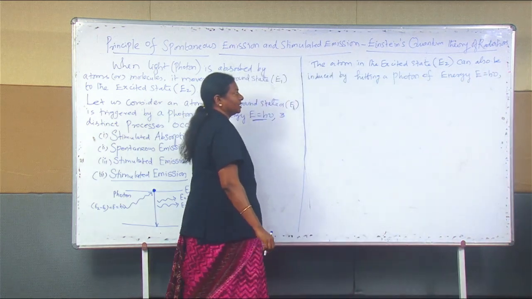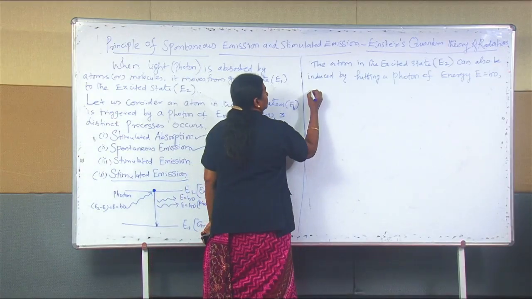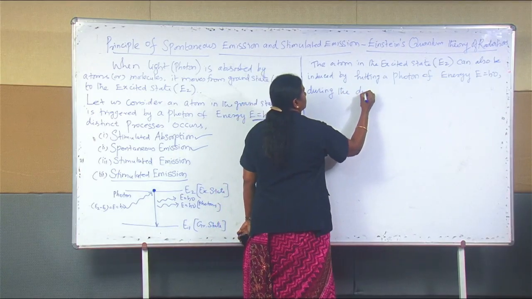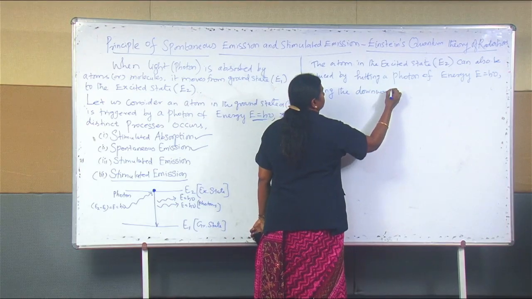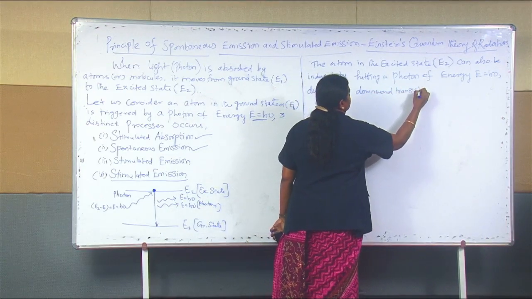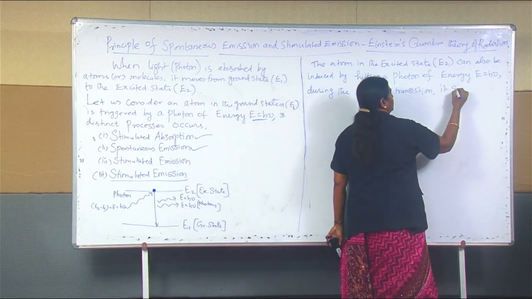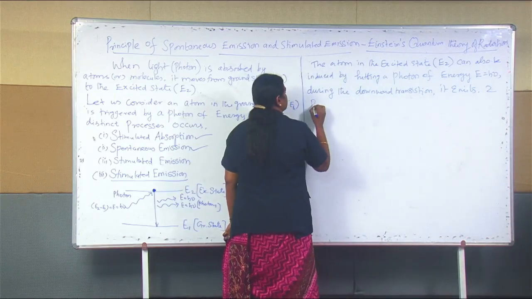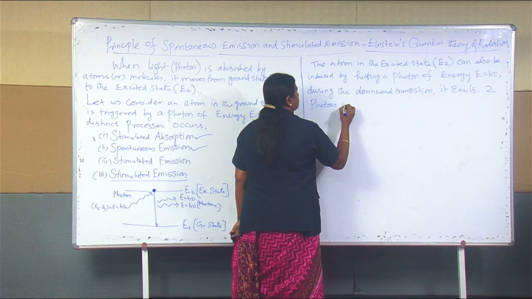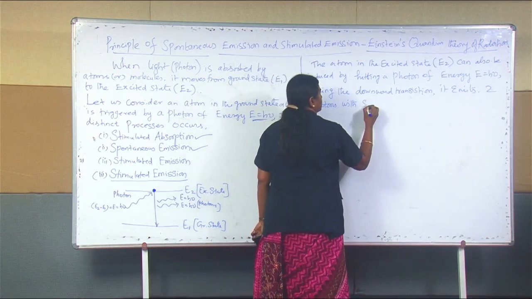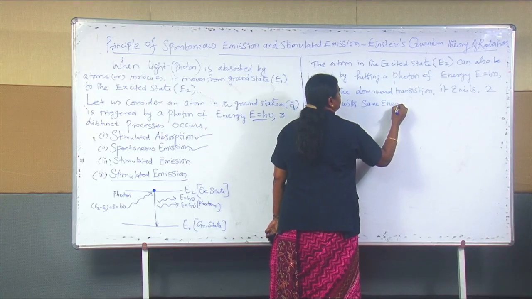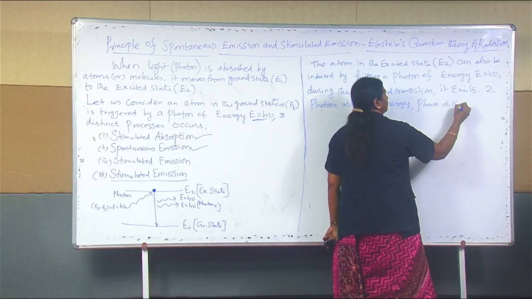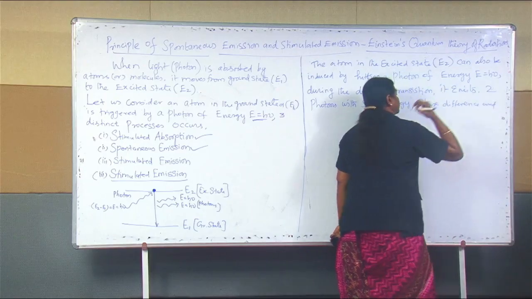So, after this hitting, what is going to happen? During the emission, or during the downward transition, it emits two photons with the same energy, phase difference and directionality.